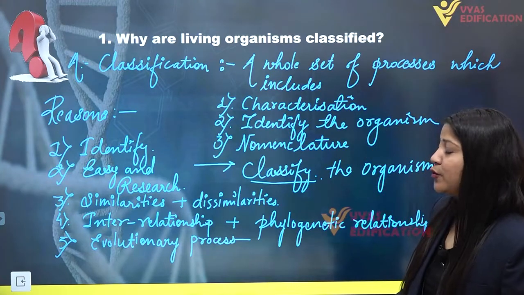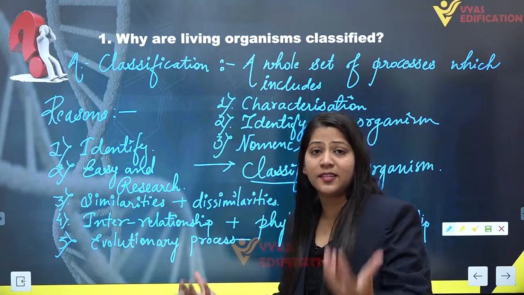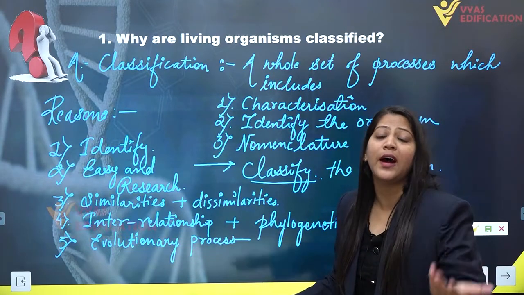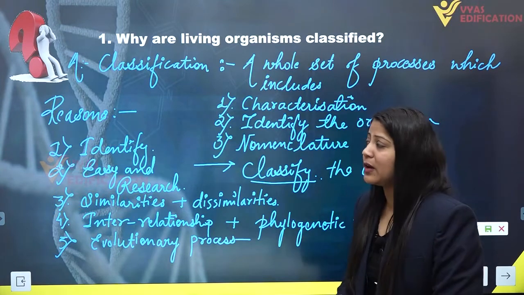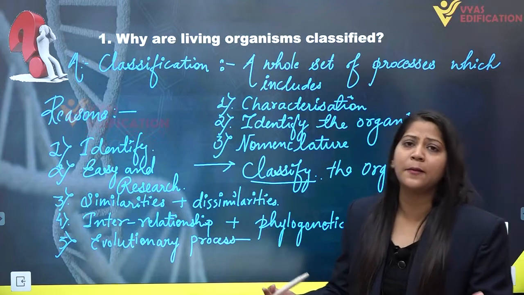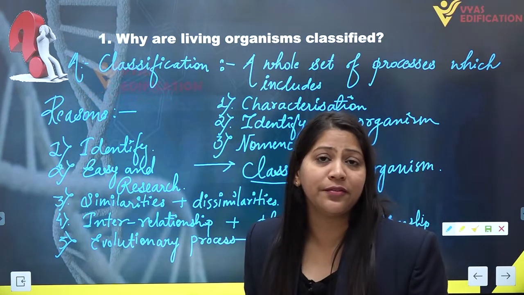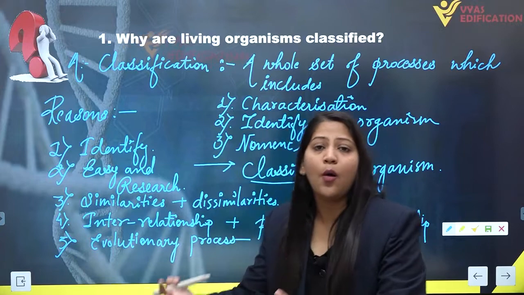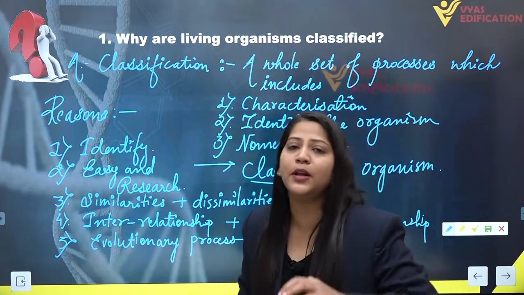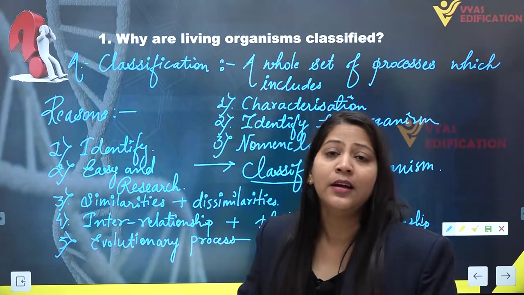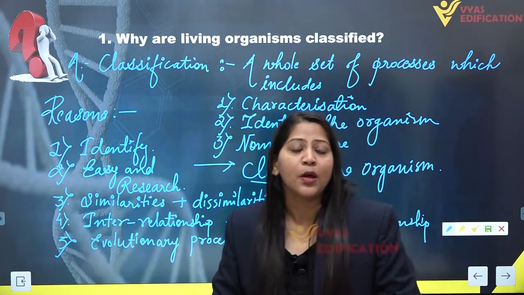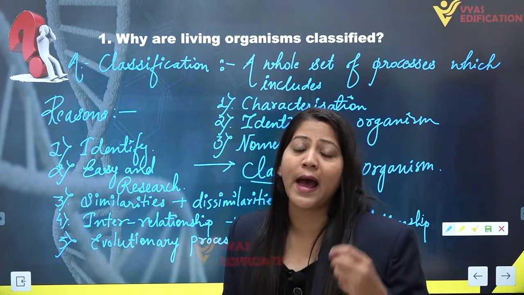Then it also helps to find similarities and dissimilarities. Then we can get to know the interrelationship as well as the phylogenetic relationship. And also classification helps to understand the evolutionary process, how any complex organism has evolved from a simple organism. As we know, during evolution the first organisms were very simple, prokaryotic and unicellular.